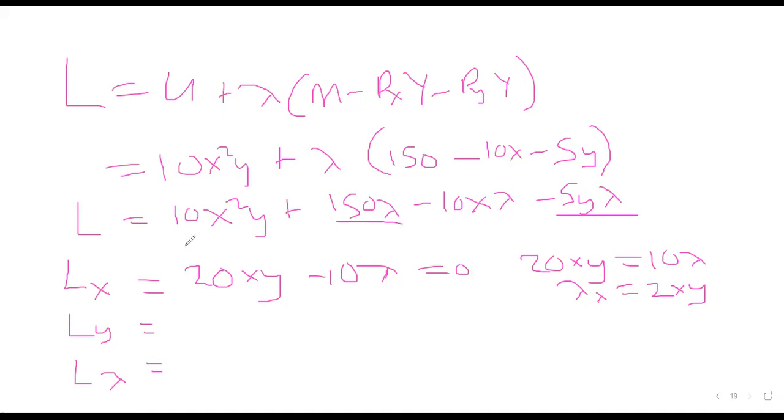Then we go to differentiating with respect to y. Our dummy is x². So when we differentiate y here, we're simply going to remain with 10x². Then here there's no y, it's out. Here there's no y, it's 0.